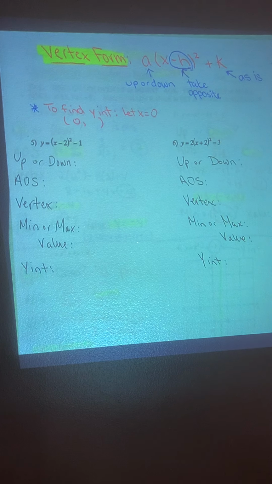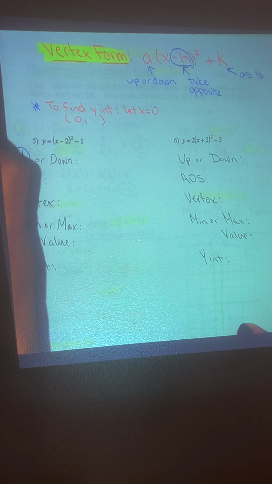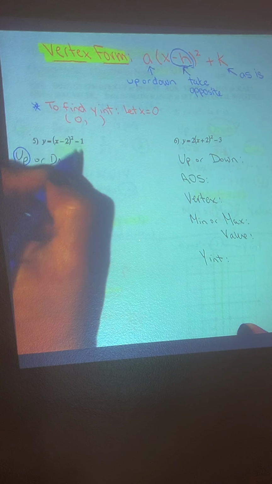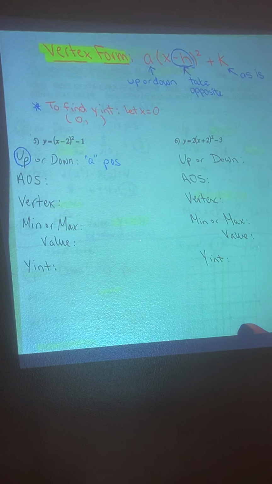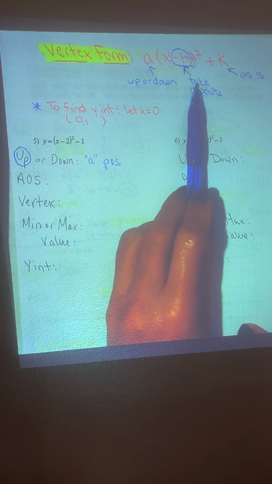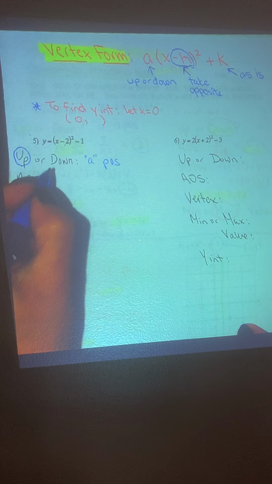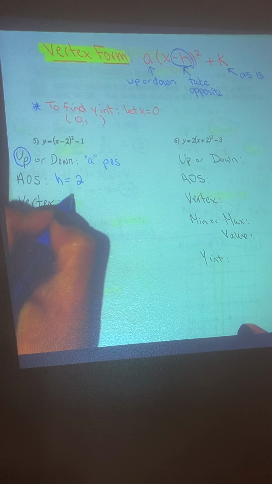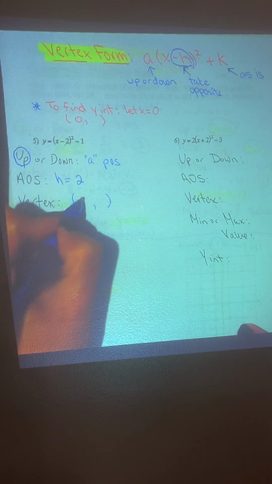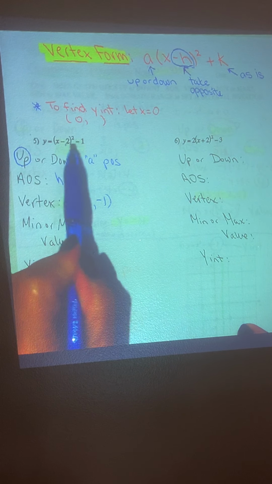Okay, so let's start with the first problem. Does it open up or down? It opens up because a is positive. My axis of symmetry, take the opposite, is positive 2. My vertex is (h, k), so it's 2, negative 1.